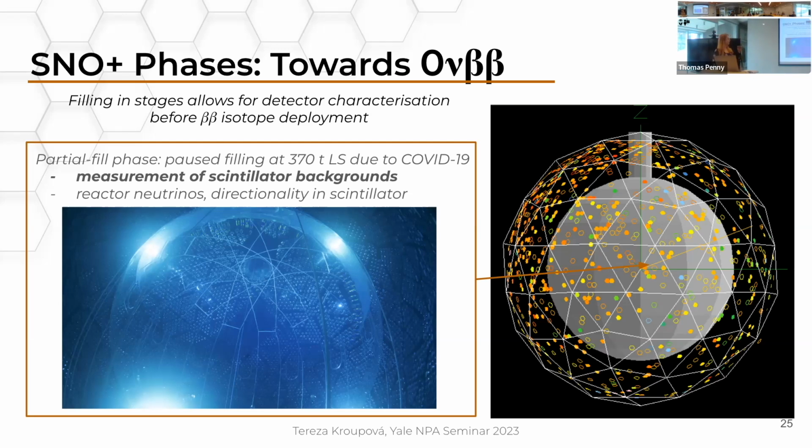So that is a 2 media detector that we were stuck in for multiple months. However, we adjusted our reconstruction algorithms, and we were able to perform not only measurements of reactor neutrinos, but also demonstrated some directionality in scintillator with this particular scintillator mixture we had at that time, and also already made a big progress and jump in measuring our backgrounds.